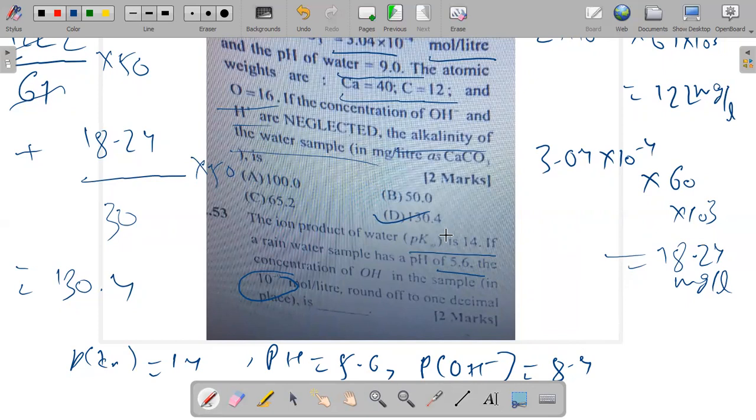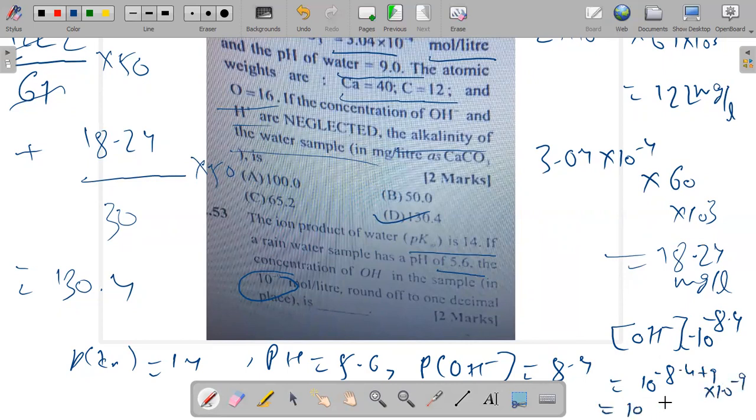We need to find the concentration of OH minus. So OH minus is 10 to power minus 8.4, and we need to find it as 10 to power minus 9. So 8.4 minus 9, 10 to power 0.6 into 10 to power minus 9.